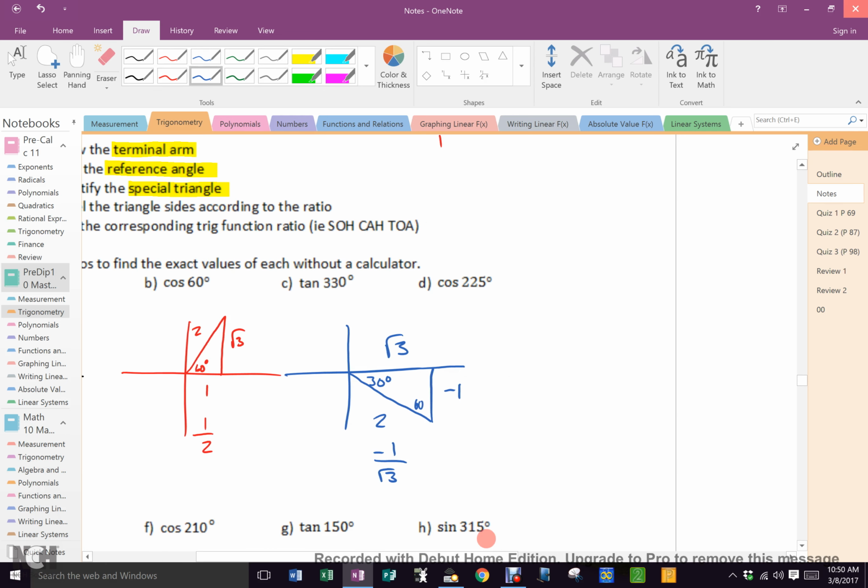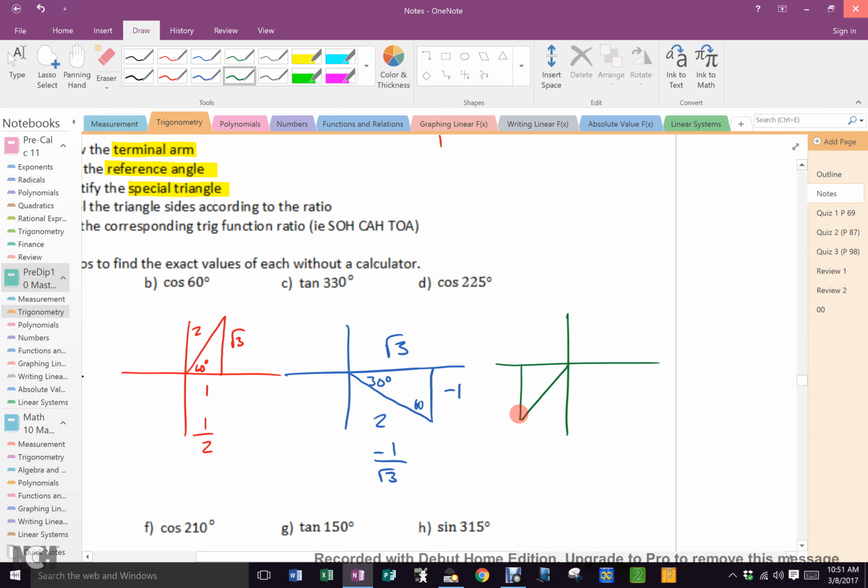What happens with D? Where's the terminal arm? Third quadrant. I'm just messing with your heads. If you know the answer, be strong. Right here, yes?